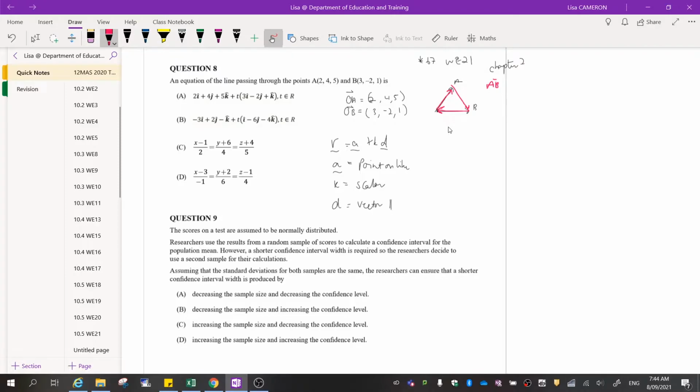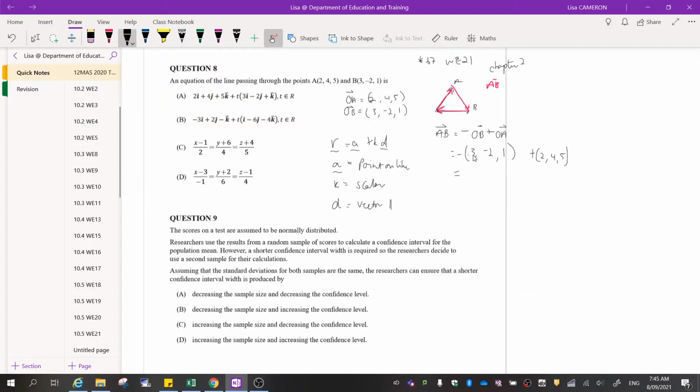So the vector from A to B is equal to the reverse direction of B to O, plus the vector O to A. I put a minus at the front: -(3, -2, 1) plus (2, 4, 5).